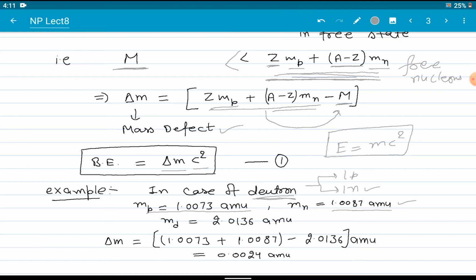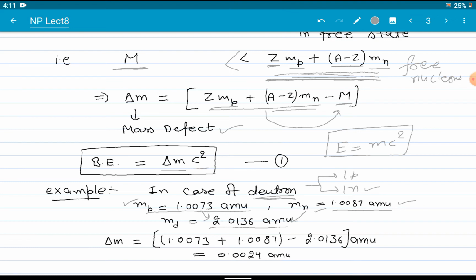And the mass of the deuteron, the nucleus of deuterium, is given as 2.0136 atomic mass unit. So when this free proton and free neutron are brought close together to form the deuteron.